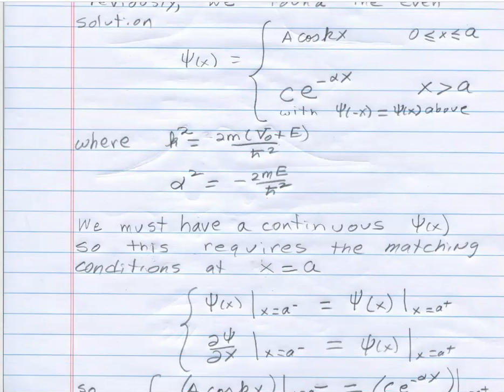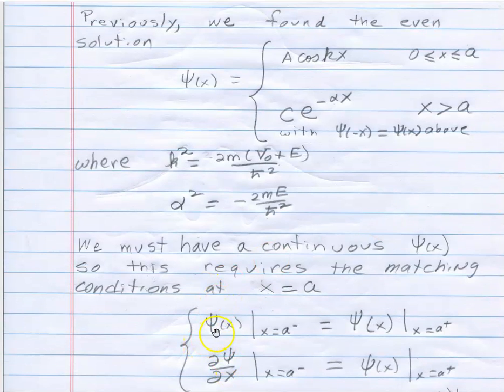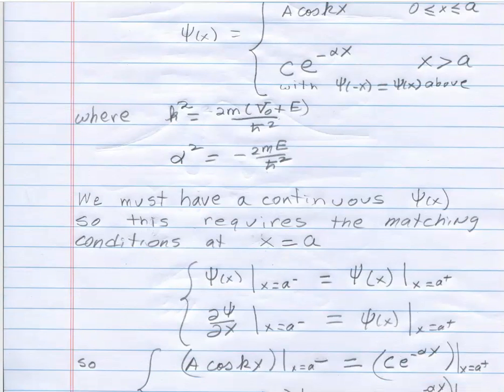So those two conditions are that psi has to be continuous: psi evaluated at a from the minus side has to equal psi evaluated at a from the positive side. And likewise for the first derivatives: the derivative evaluated at a from the left has to be the same as evaluated from the right.